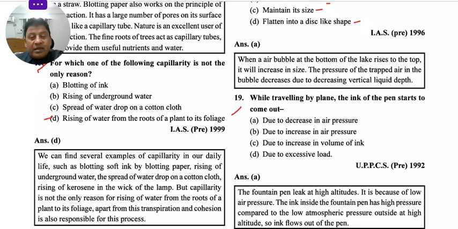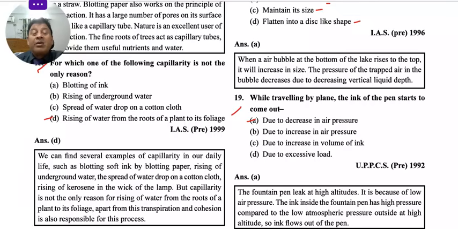While traveling by plane, the ink of the pen starts to come out. Due to decrease in air pressure, due to increase in air pressure, due to increase in volume of ink, due to excessive load.